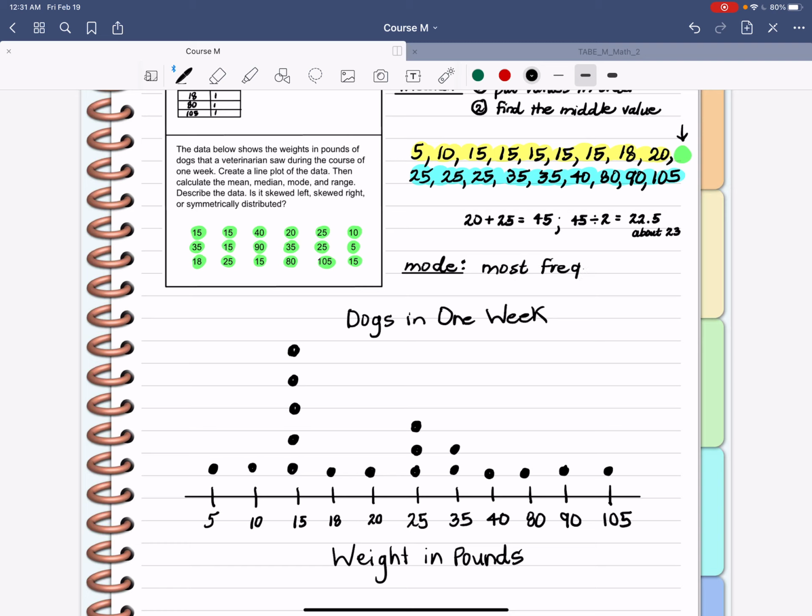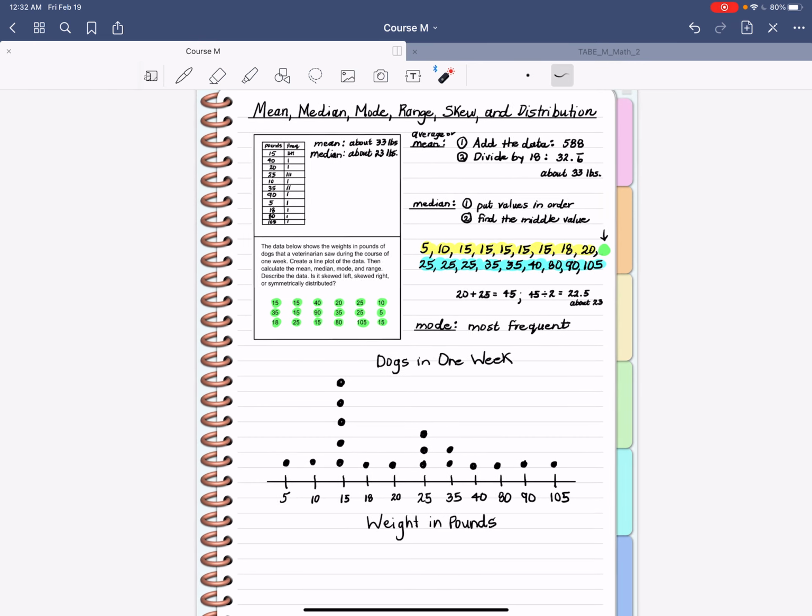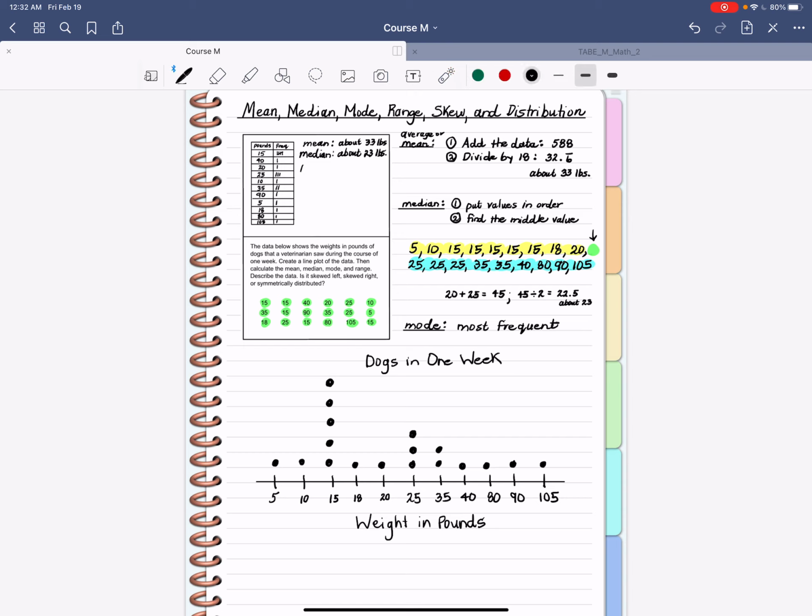You can look at this graph that we made and easily tell the mode. Of this data, here's the mode, because 5 of the dogs weighed in at 15 pounds. So the mode for this data is exactly 15 pounds. More dogs weighed 15 than any other weight.